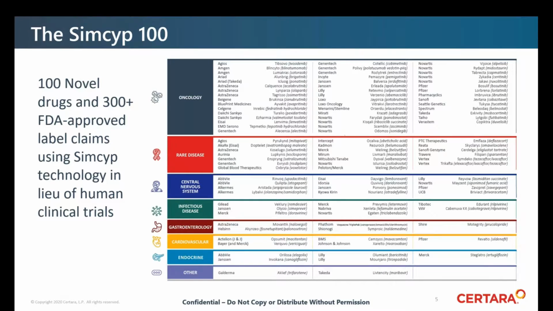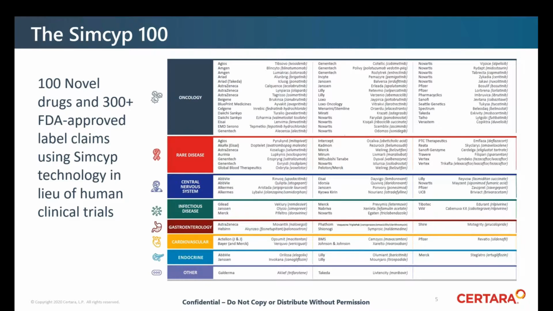Having said this, there is a growing body of experience in which our technology has been applied to obtain label claims using Simcyp technology in lieu of human clinical trials. And we have over 100 novel drugs that have benefited from that approach, totaling over 300 label claims.